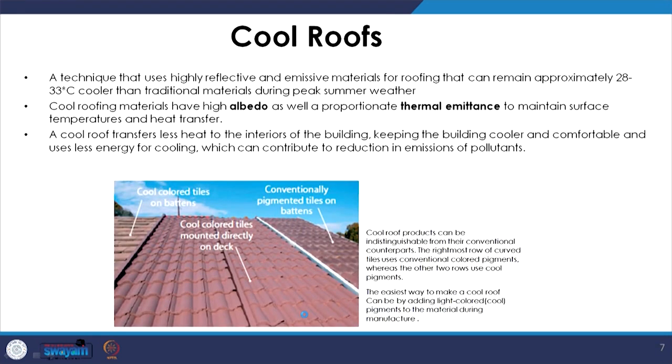Cool roof is a new kind of concept, a passive design strategy where the albedo of the roof is high, which implies that the roof reflects a lot of heat which is incident on it. The remaining portion of the heat which is absorbed by the roof is also emitted, almost 100% of it is emitted during the night time.